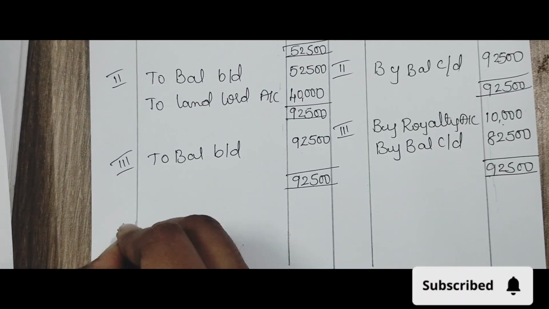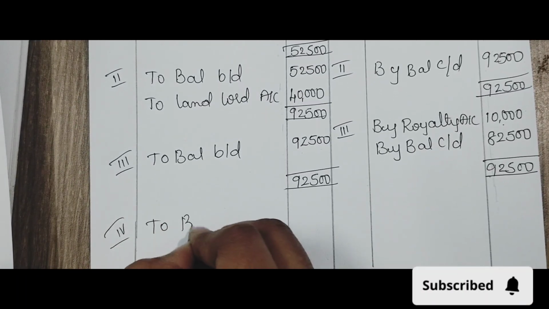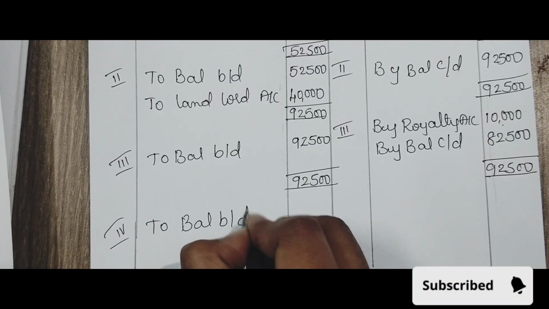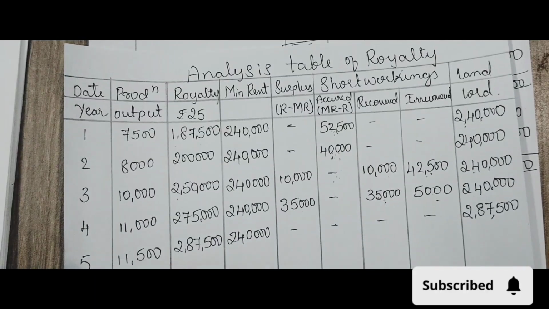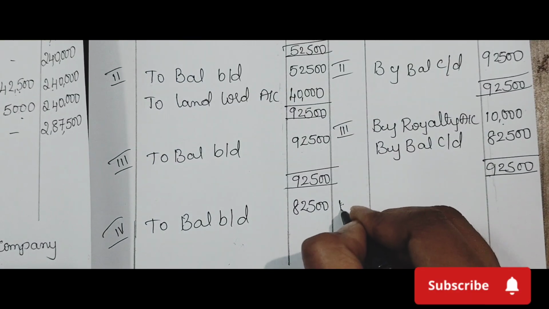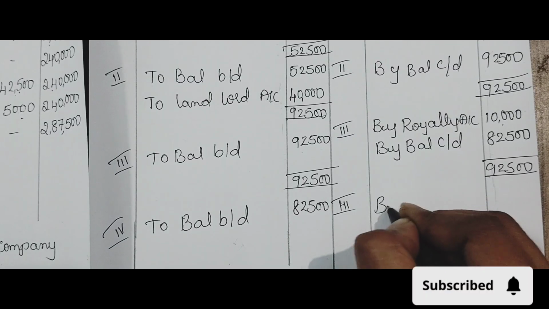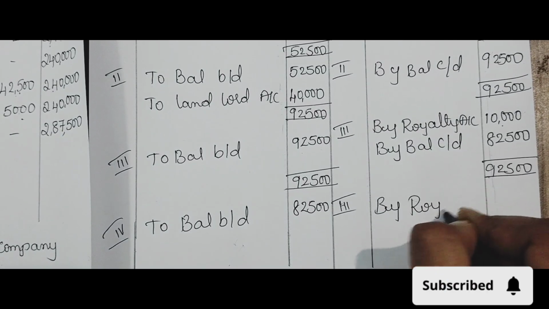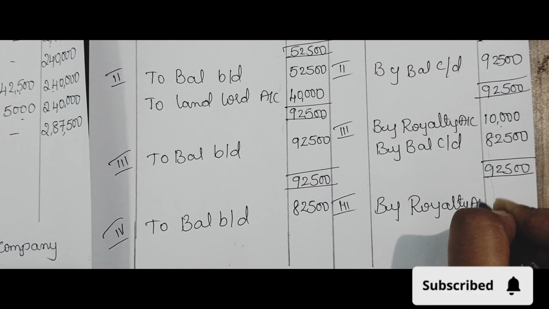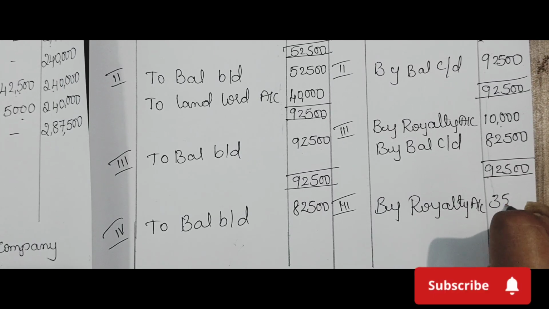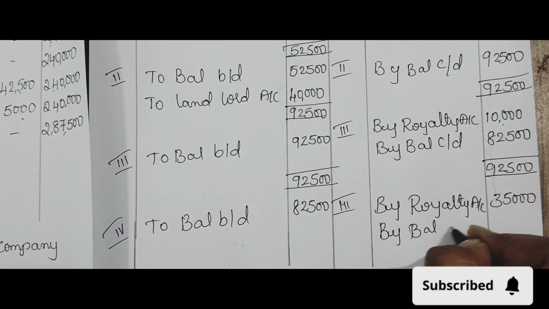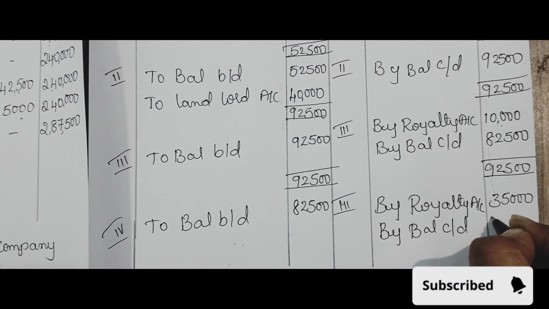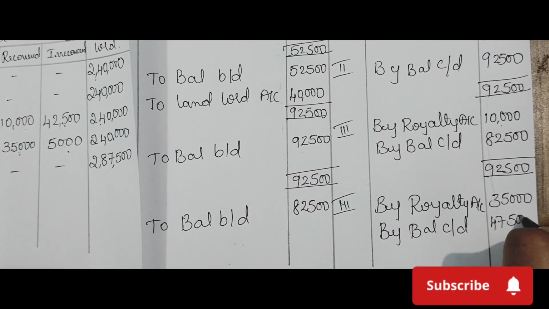Fourth year, first balance brought down 80,500, and in the fourth year also we have recovery 35,000. So which account are you crediting? The royalty account. By royalty account 35,000, by balance carry down it is 47,500.